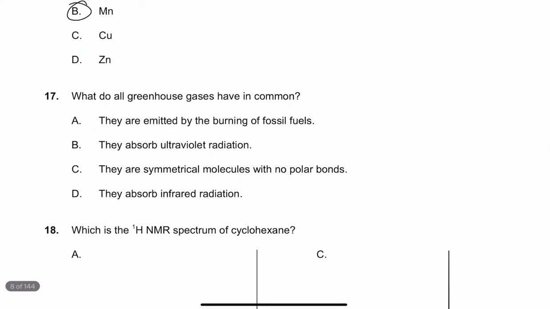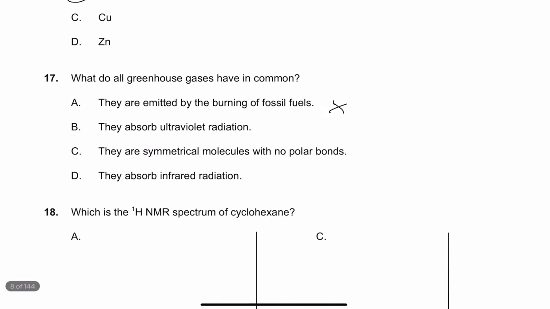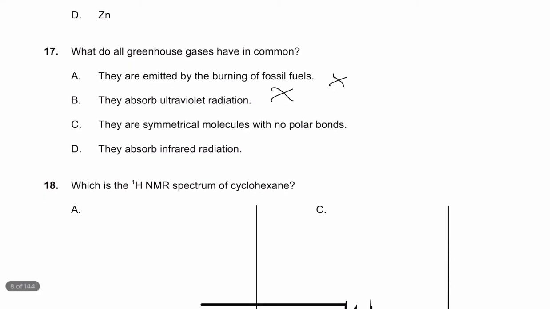17. What do all greenhouse gases have in common? A. They're all emitted by the burning of fossil fuels. Not true. What about methane being produced by cattle rearing? B. They absorb ultraviolet radiation. Not true for all greenhouse gases. C. They are all symmetrical molecules with no polar bonds. Also not true.